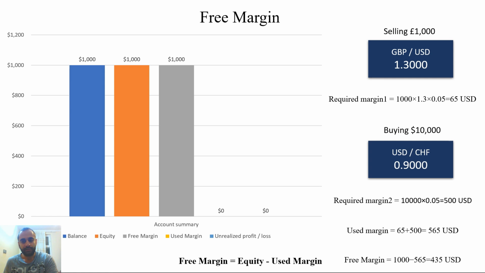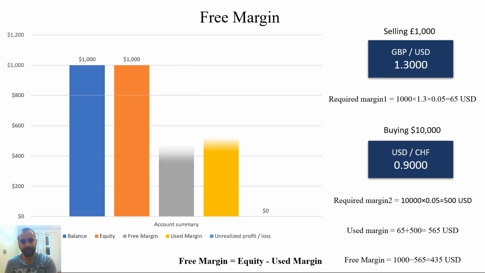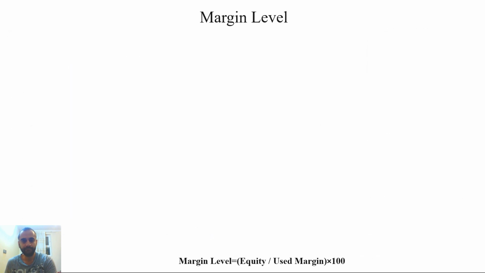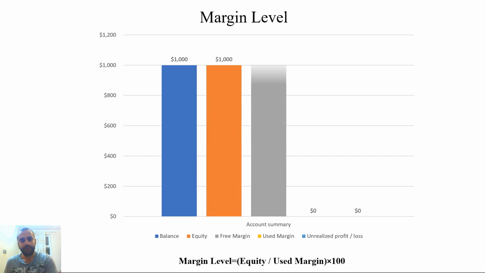Without any profit or loss, the equity remains the same and free margin is equal to equity minus used margin, which is $435. Another term we can use to describe our available funds to open a new trade is the margin level, which measures the ratio of equity to the used margin.